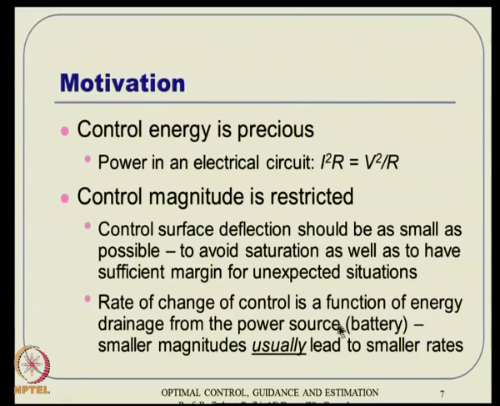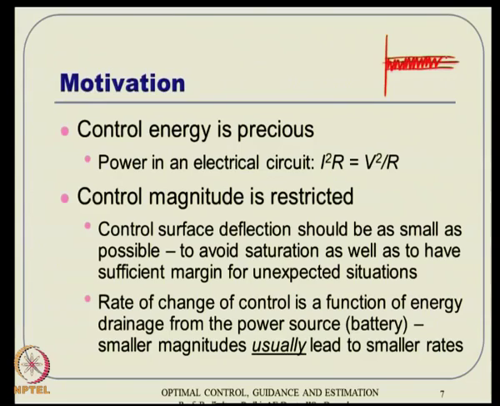Keeping control small means it actually leads to smaller rates also. So, it is not really obvious, it is not mathematically rigorous. In other words, somebody can also argue that okay, magnitude is small, but the control can chatter within that.